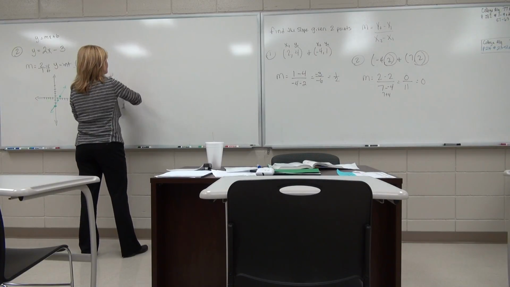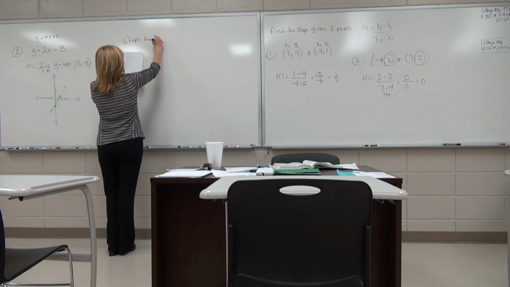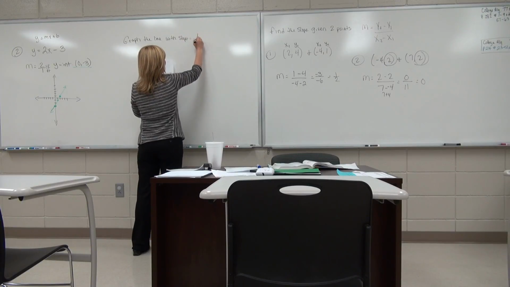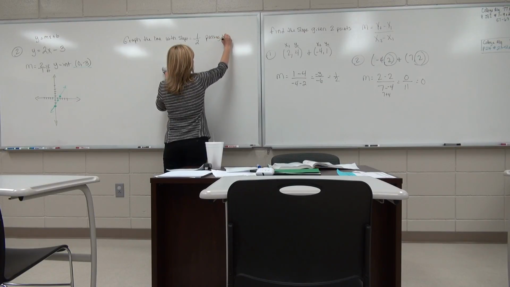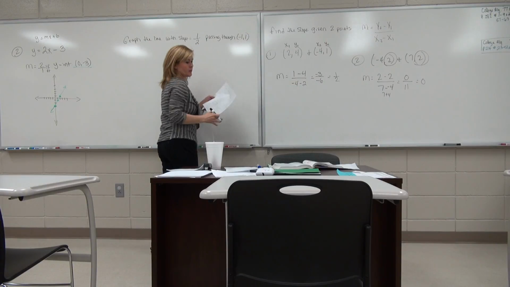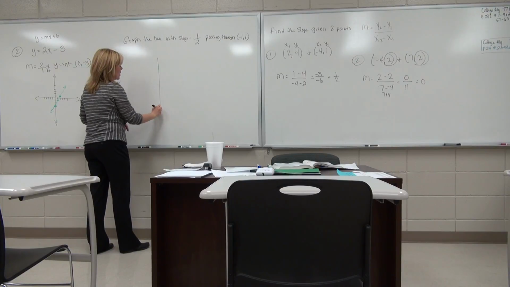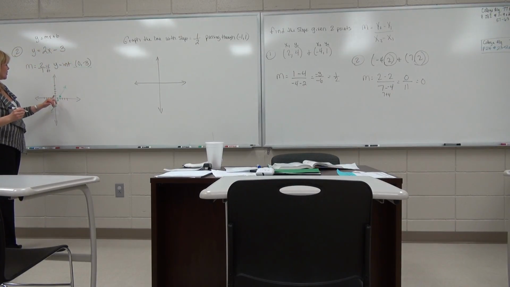Let's say you're told to graph the line with a slope of 1/2 passing through the point (-1, 1). Would you agree that from any point on the line, the slope's the same? From any point on the line, you can do your slope, like over here where we went up 2 over 1. That's from any point on your line.